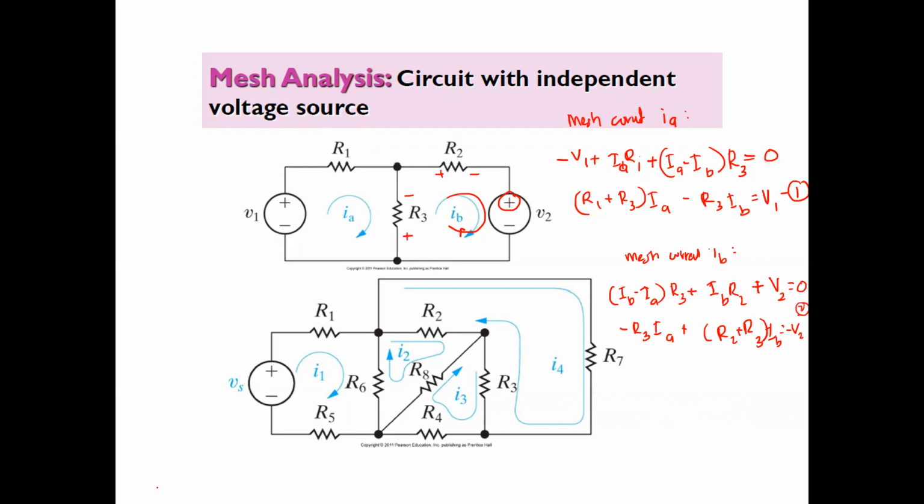So right now, as you can see, we have two variables, IA and IB, and two simultaneous equations. So using your calculator, you will obtain the values of IA and IB.